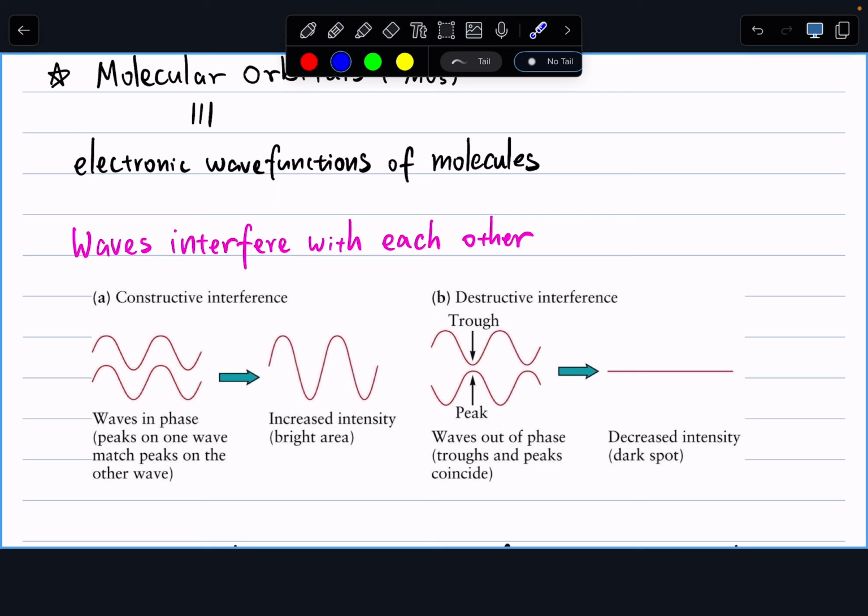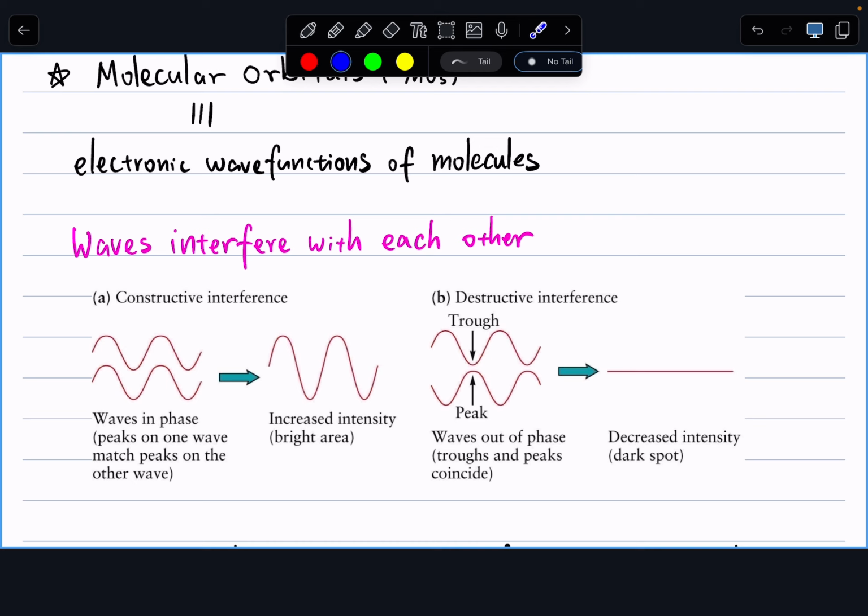The first quantum bonding theory is called LCAO-MO theory, or linear combination of atomic orbitals to form molecular orbitals. The basic hypothesis here is that my atomic orbitals will interfere with each other. Depending on whether my waves are in phase with each other or out of phase with each other, you can have constructive interference or destructive interference.